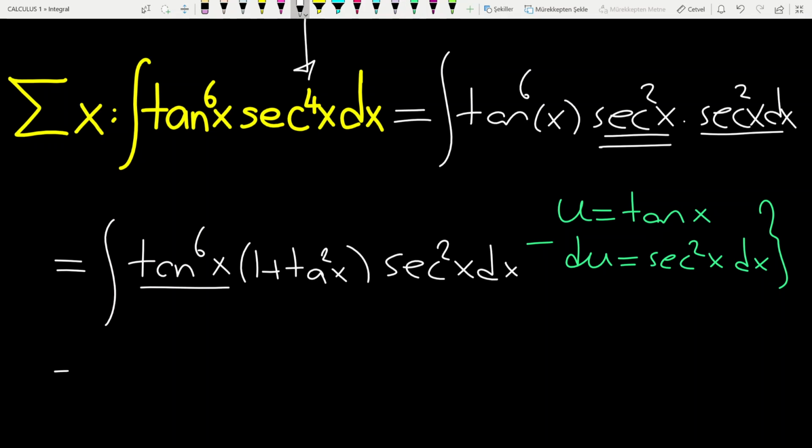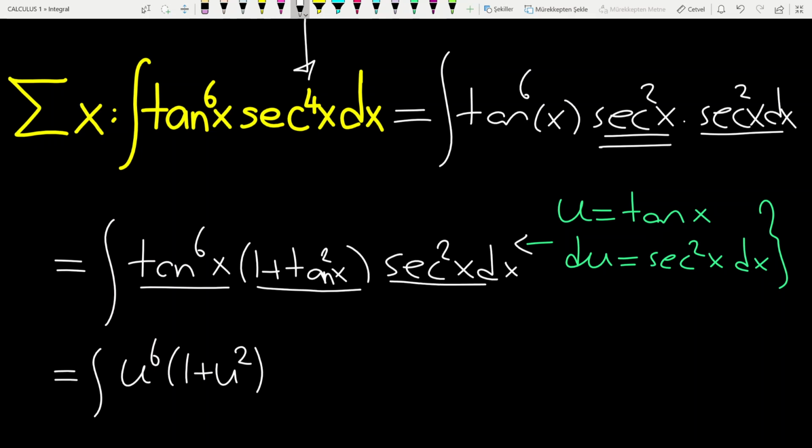The integral becomes, instead of tangent to the power 6, I have u to the power 6. Instead of 1 plus tangent squared x, I have 1 plus u squared. Instead of secant squared x dx, I have du. Let's rewrite the final step. I have u to the power 6 plus u to the power 8 du.